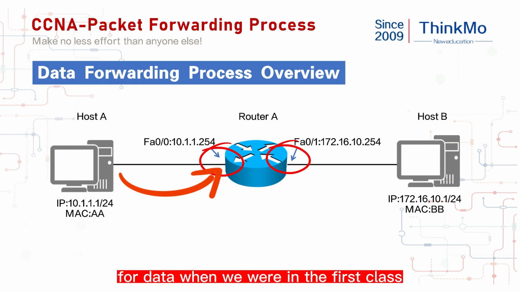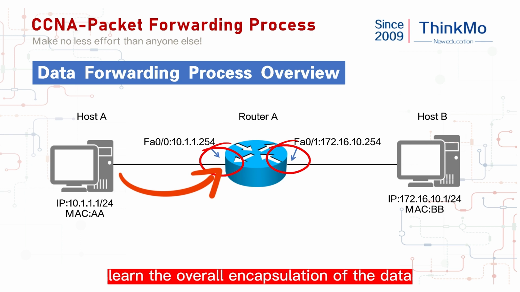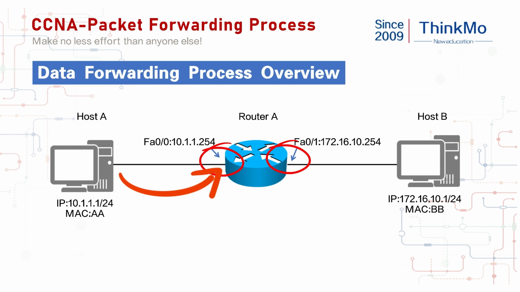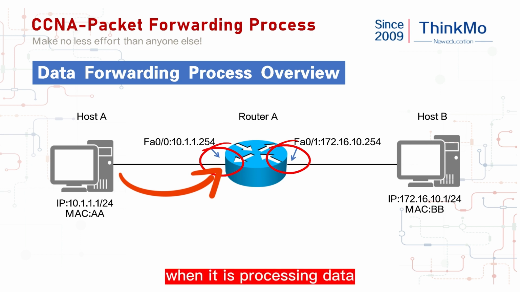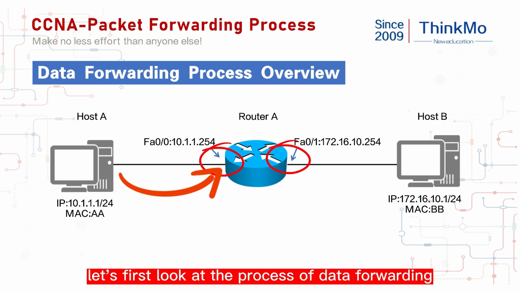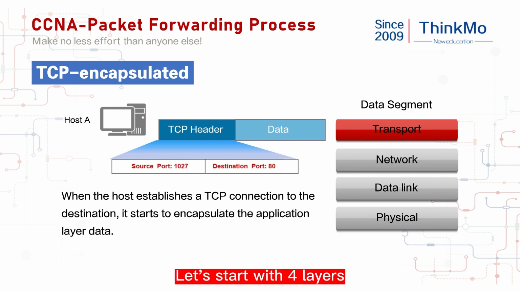For data, when we were in the first class, we learned the overall encapsulation of the data. Data is sent from the sender to the receiver. When it is processing data between the two, what kind of relationship exists? Let's first look at the process of data forwarding. Let's start with 4 layers.